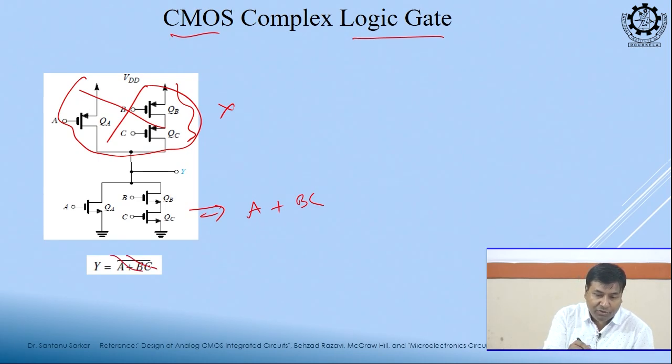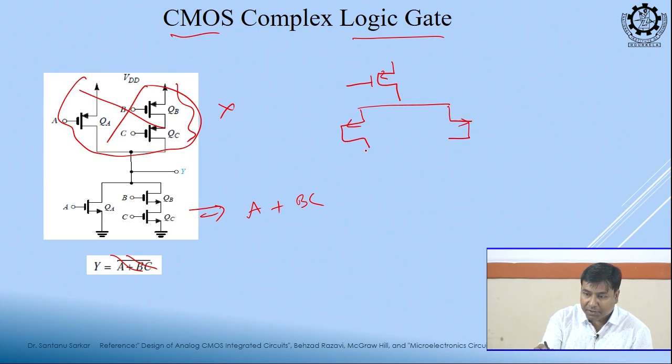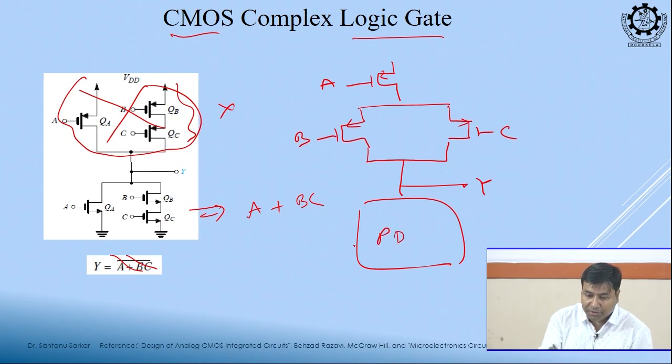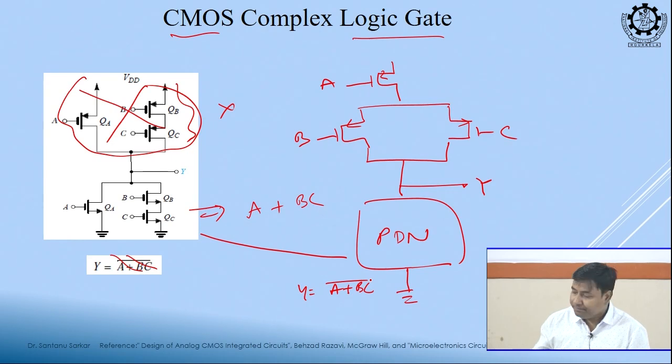So, we will try to make the complementary PMOS connections. So, this should be in parallel and this should come in series with this. So, it should be something like this A, and this should be B and C and this should be your Y. Then Y is equal to, okay.